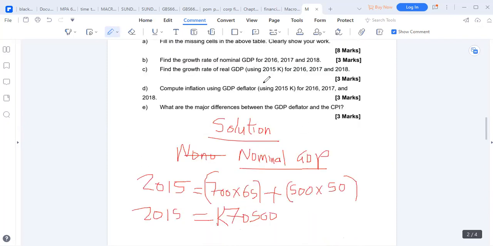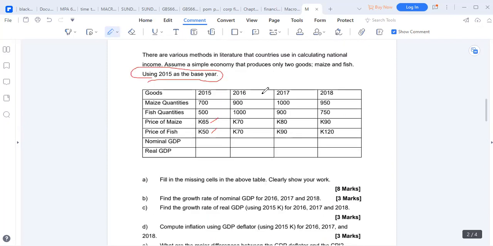For 2015, the price of maize is 65, price of fish is 50. For 2016, maize is 900, fish was 1,000. For 2017, maize was 1,000 and fish was 900. For 2018, it was 950 and 750.